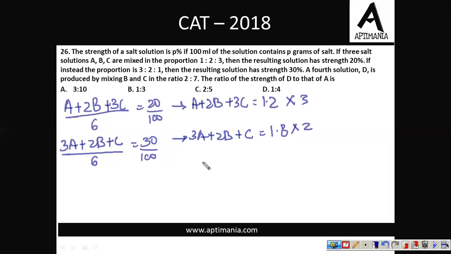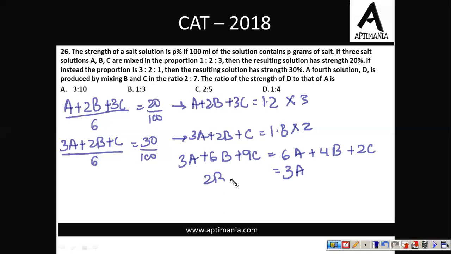In that case, we'll have 3A plus 6B plus 9C equal to 6A plus 4B plus 2C. So on subtracting, we'll have 3A equal to 2B plus 7C.